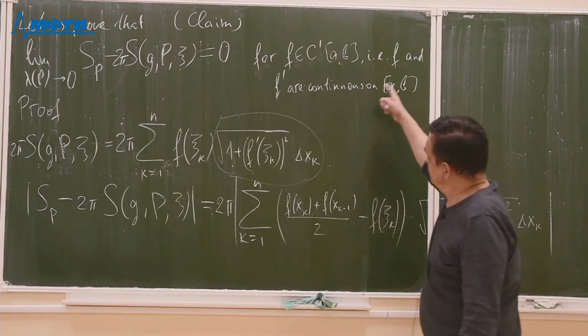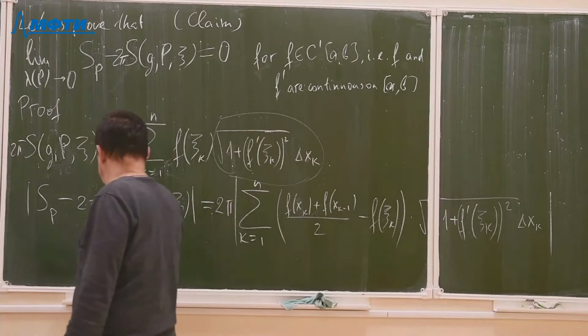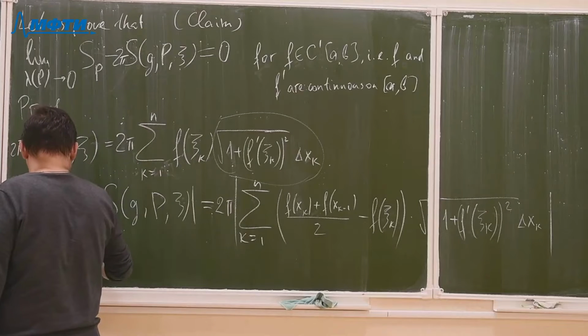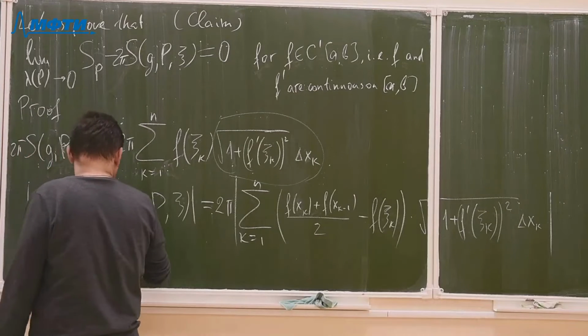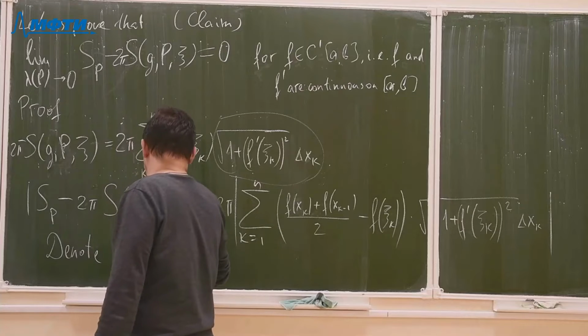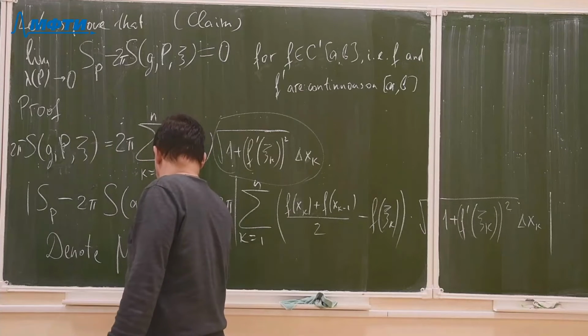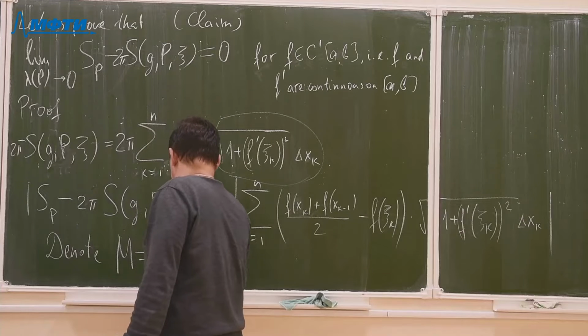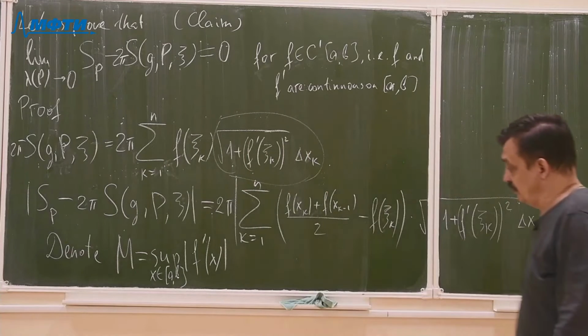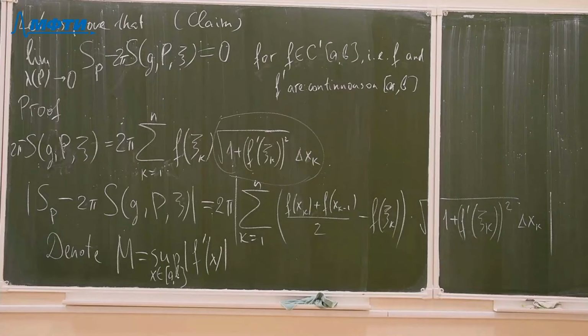So once f prime is continuous, denote m equals the supremum of f prime on the interval AB. It exists, this is a finite number. Why?